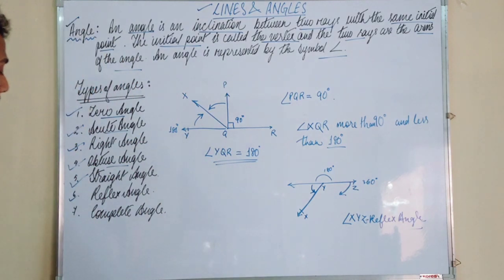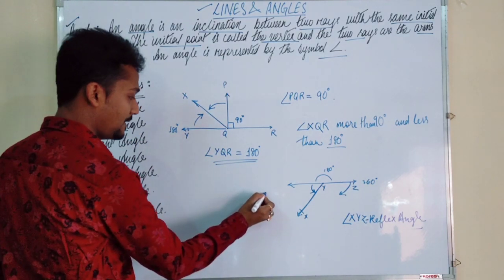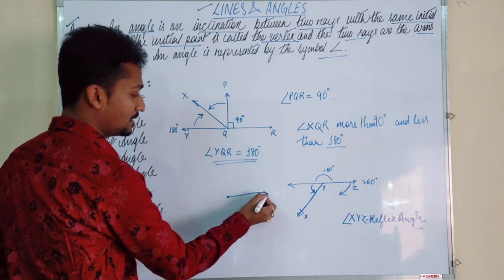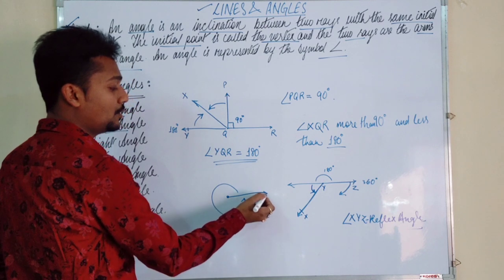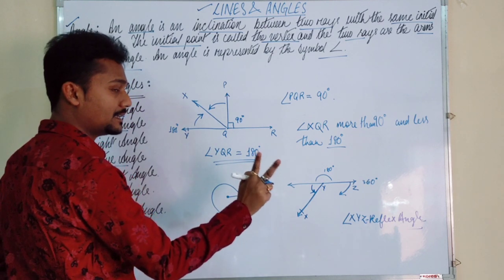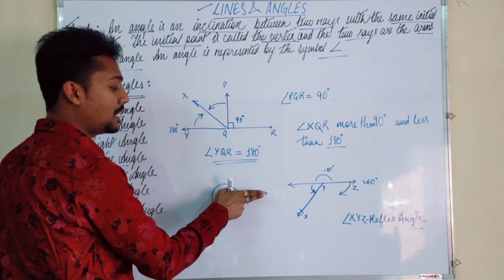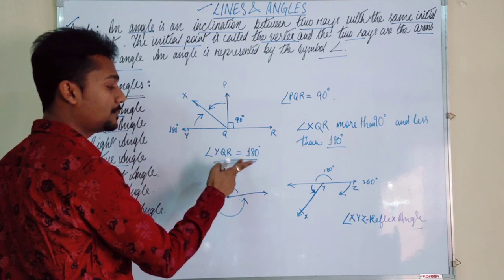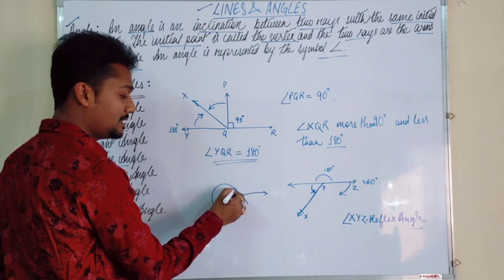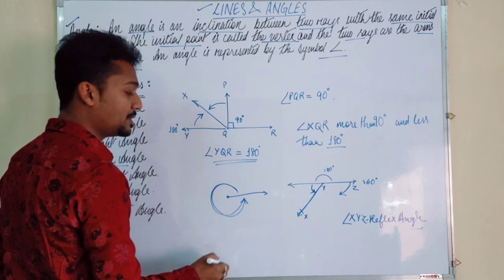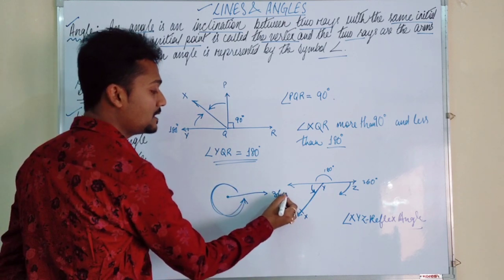Now complete angle. If an angle measures 360 degree, that means two arms are there in an angle, isn't it? If one arm remains constant and another arm makes a complete round and again coincides with the first arm, it will make one complete round which measures 360 degree.